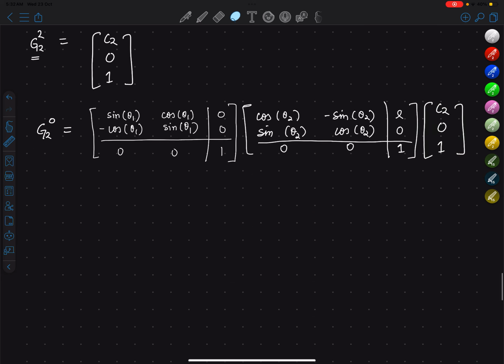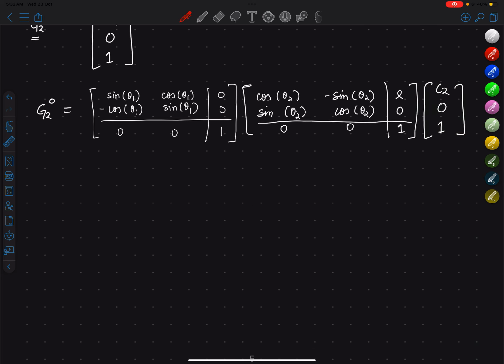So this is our matrix multiplication. This is H1 naught, this is H21, this is G2.